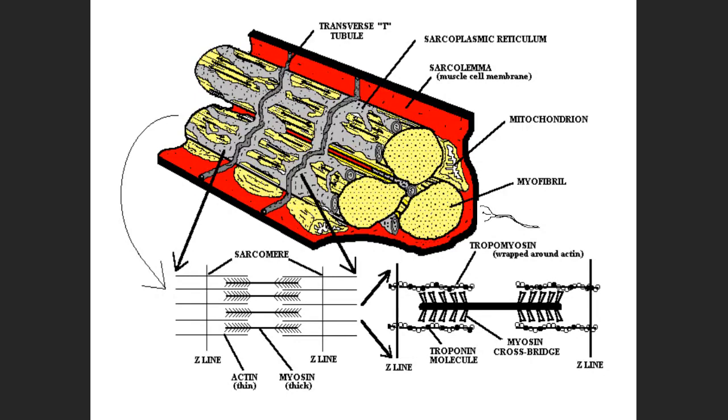And if you look at the closer picture, you'll see the myosin is the big black line. The cross bridges are cocked back, toward the Z lines. And then if you look at the actin, you see something new. The little thin fibers that are attached to the Z lines are surrounded by what looks like a string of pearls.